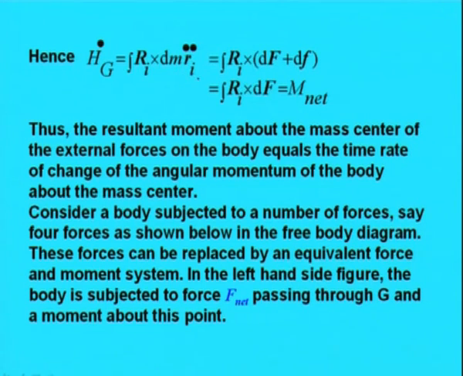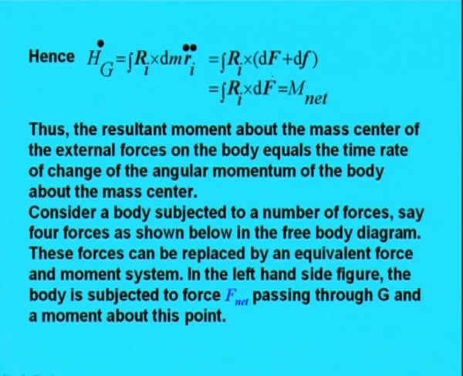Dm times ri double dot, here you can apply Newton's law. Now these are the internal forces, so their moment will obviously be 0 and you are left with Ri cross dF, and that will equal M net. Thus the resultant moment about the mass center of the external forces on the body equals the time rate of change of the angular momentum of the body about the mass center.